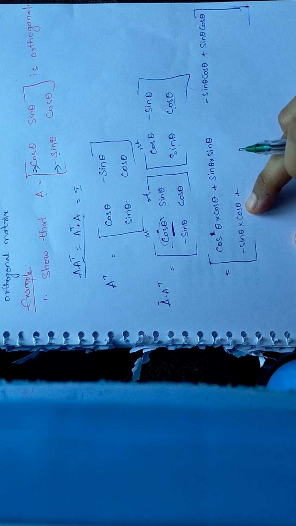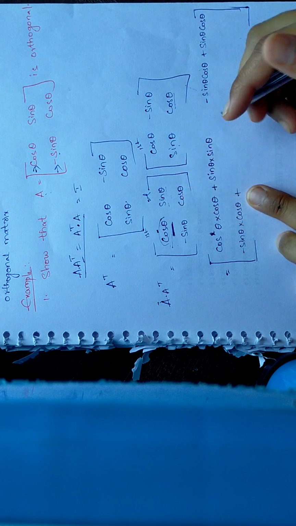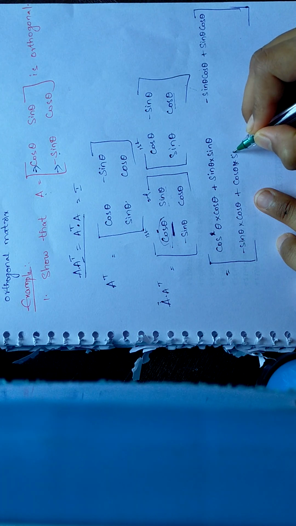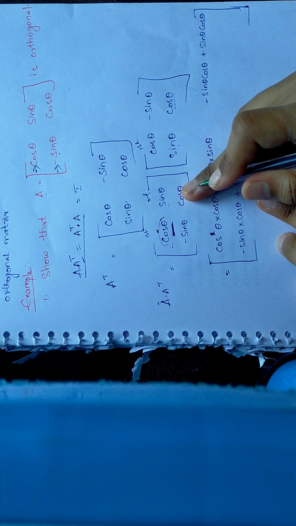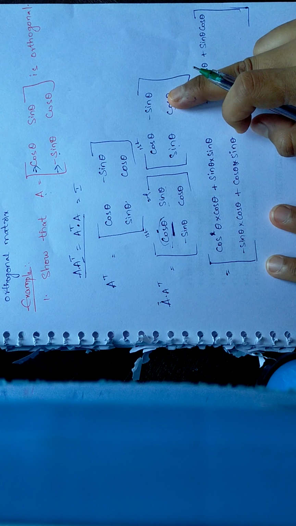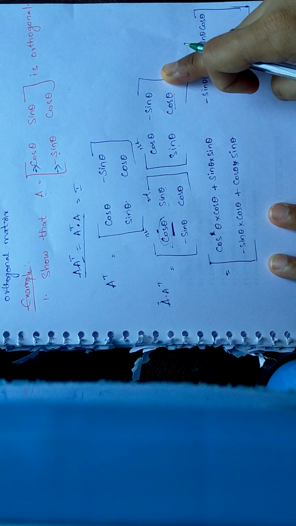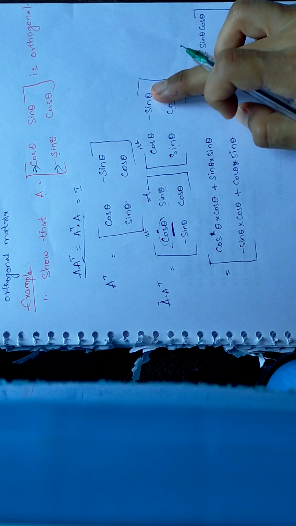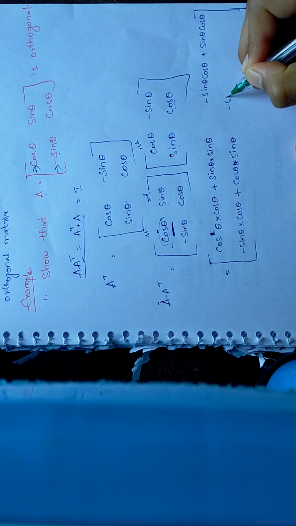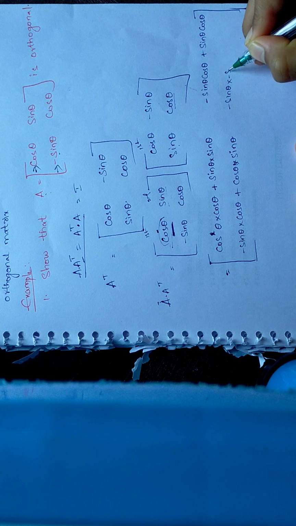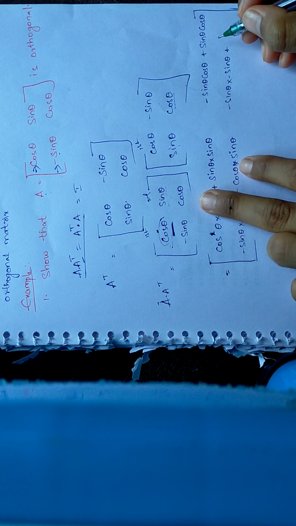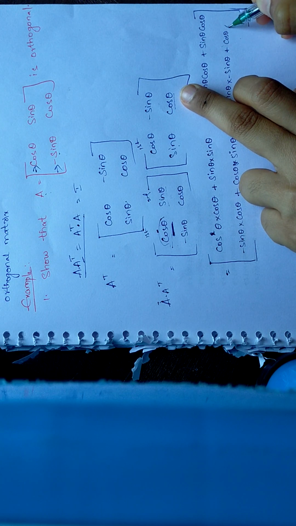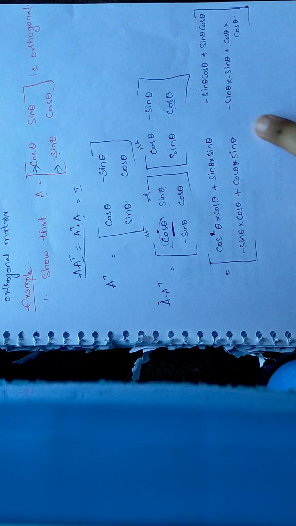Minus sin theta into cos theta, plus cos theta into sin theta. Okay, this element with this. Now this position means again second row, second column. Minus sin theta into minus sin theta, both are minus. Next, plus cos theta into cos theta, right?